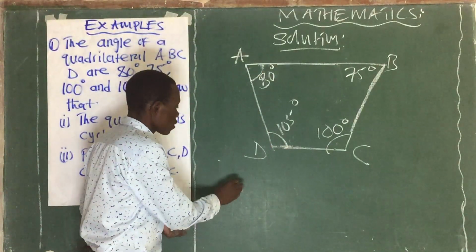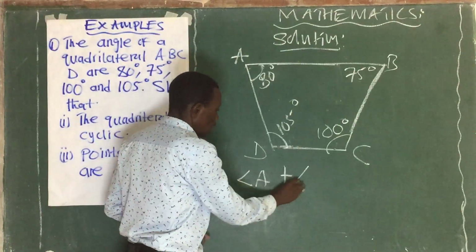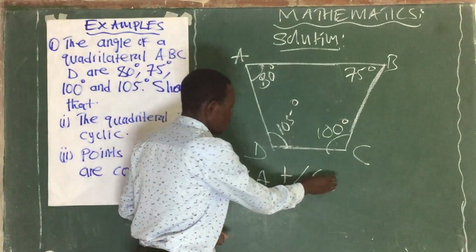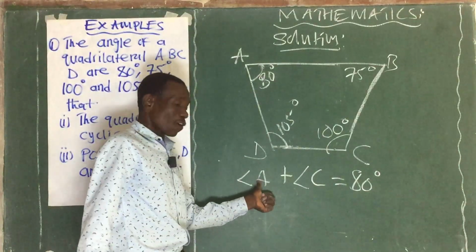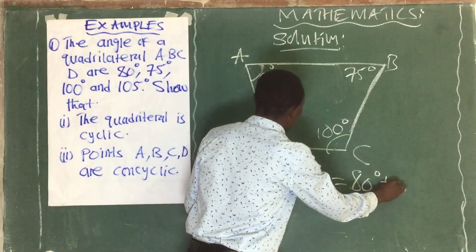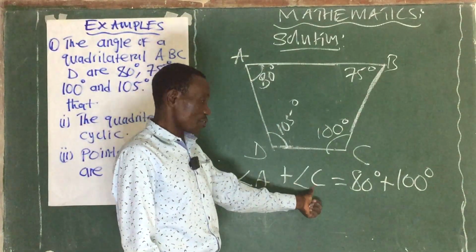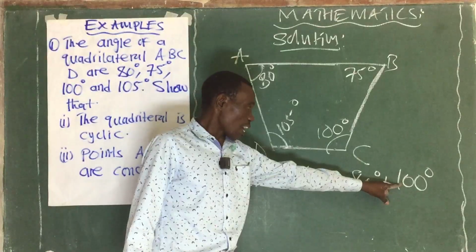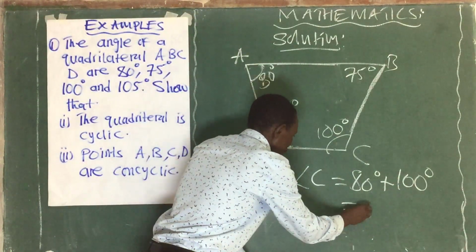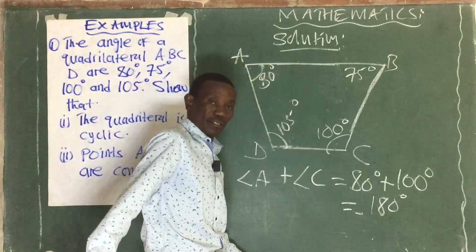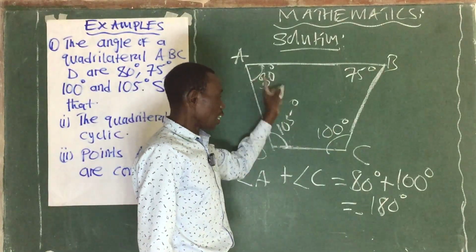Angle A plus angle C is 80 degrees plus 100 degrees, and what we get here is 180 degrees. So the opposite angles are supplementary. They add up to 180.